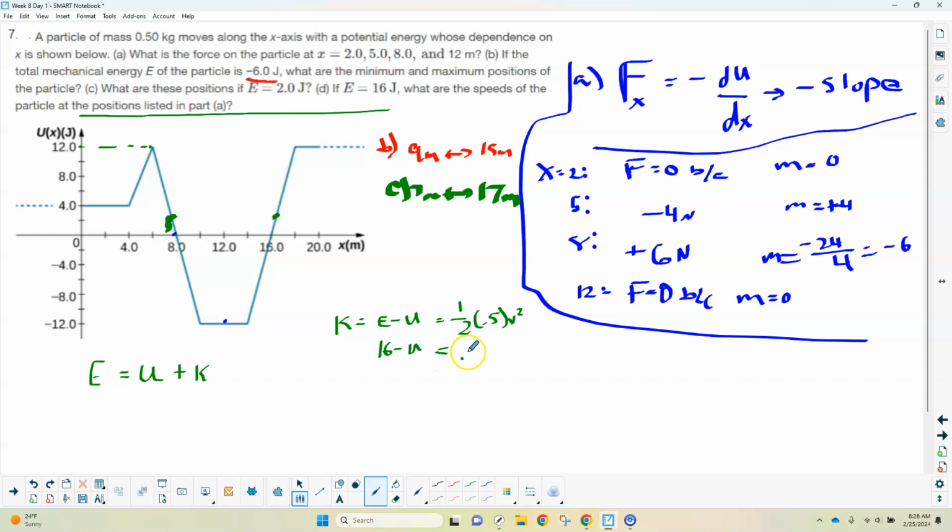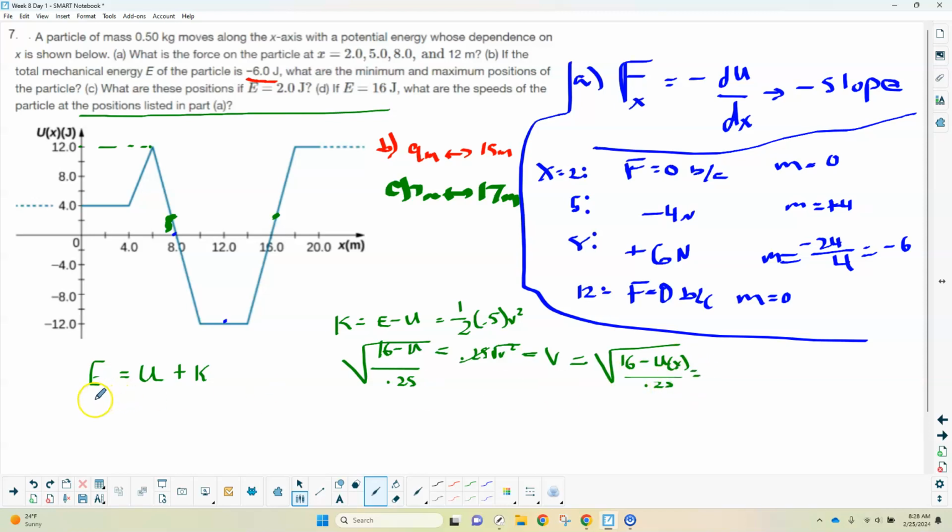So this is really 0.25 v squared. If I divide by 0.25 and take the square root, I get v. So v is equal to the square root of 16 minus whatever the U value is at whatever x it is, divided by 0.25.